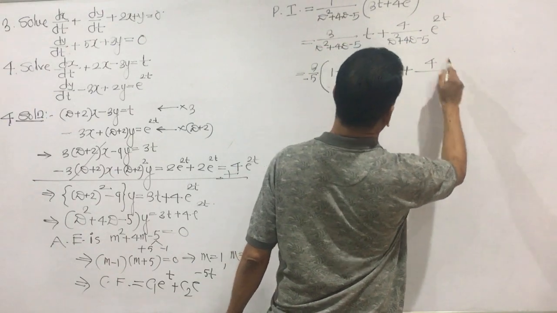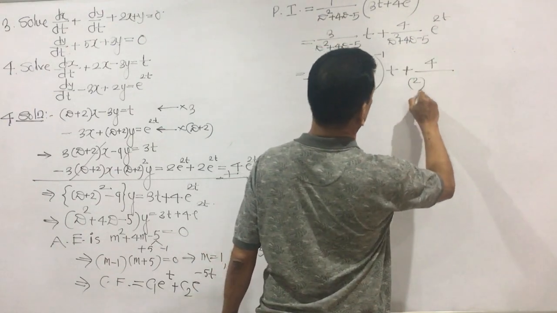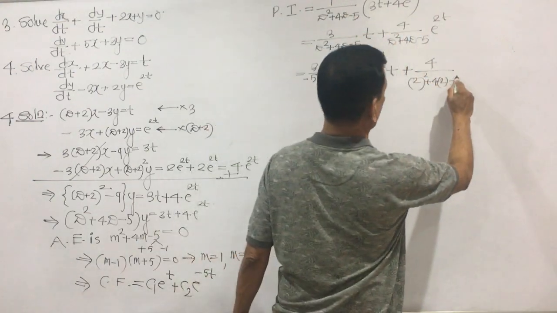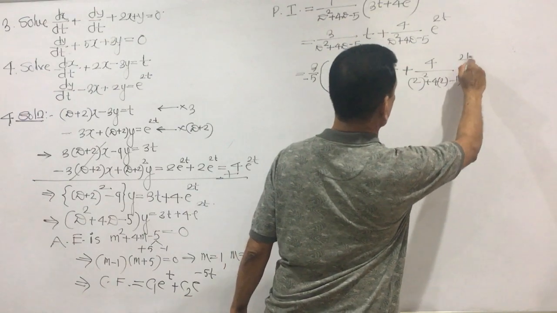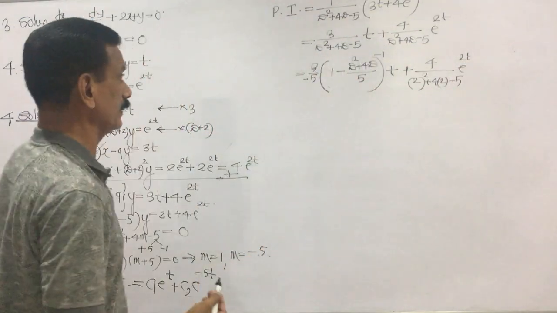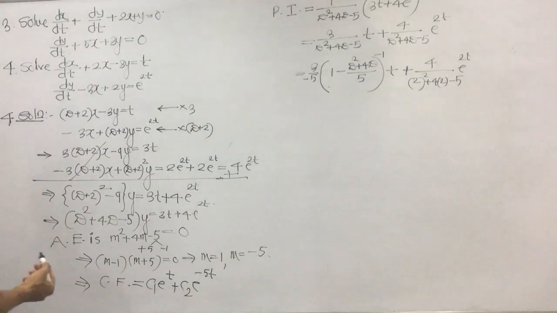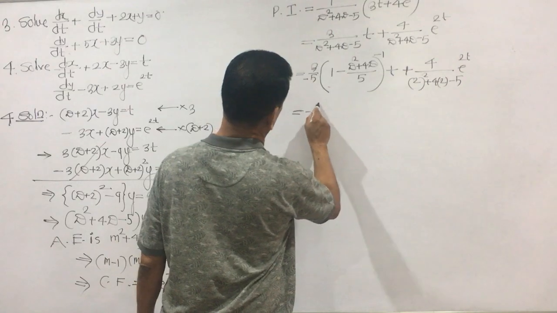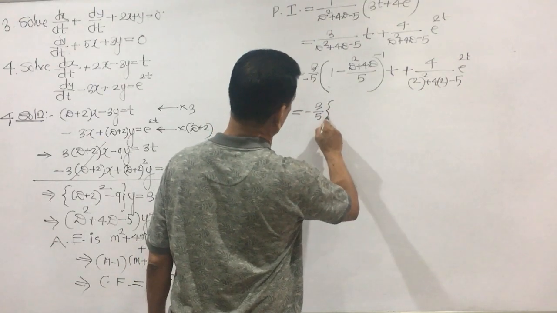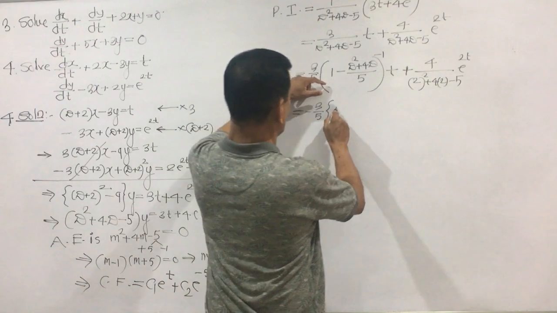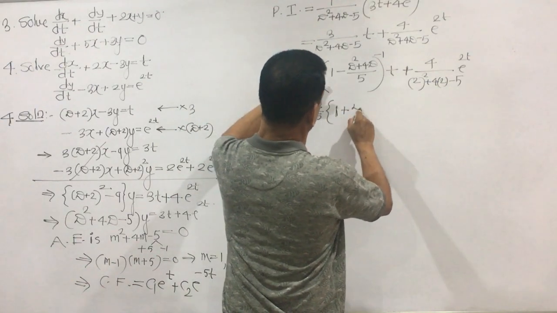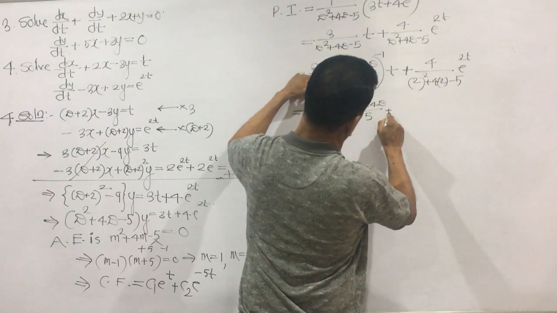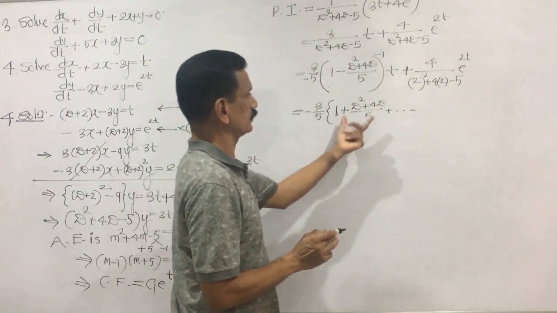It is 4. I put here 2, means it is 2 square plus 4 into 2, minus 5, e raised to 2t. And if you are getting f of a equal to 0, there the method is different. Okay. So we follow that one. So it is minus 3 by 5, and expanding this binomially, we have 1 plus D square plus 4D divided by 5 plus so on, means next term is square of this.